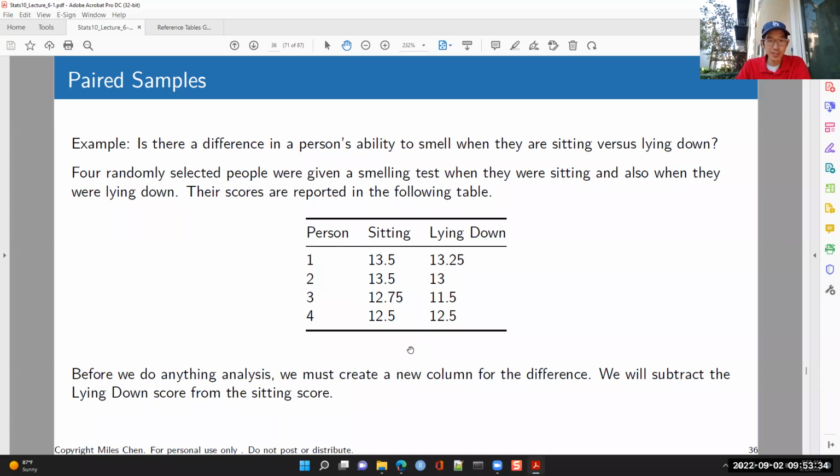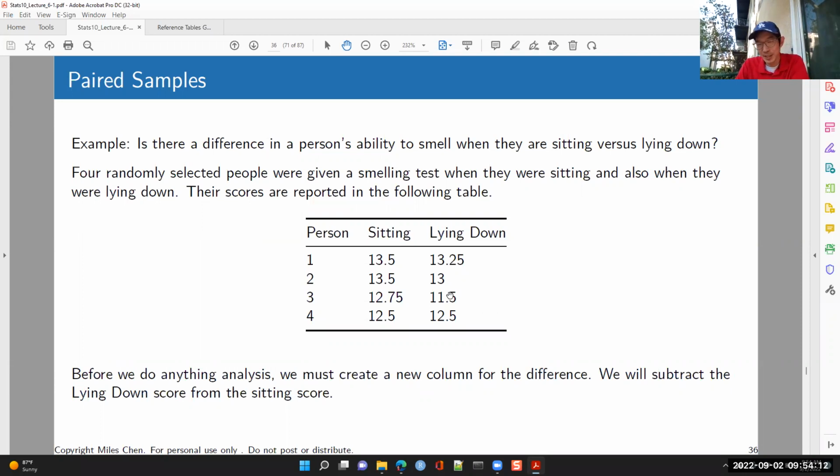So for example, this is a silly question, because this is not something you really ever think about, but if you're standing vertically and you smell something, is that different from when you're lying down? Like if someone's cooking something in the kitchen and you're standing and you can smell it, that's one thing. And if you're lying down on the couch, can you still smell what's happening in the kitchen?